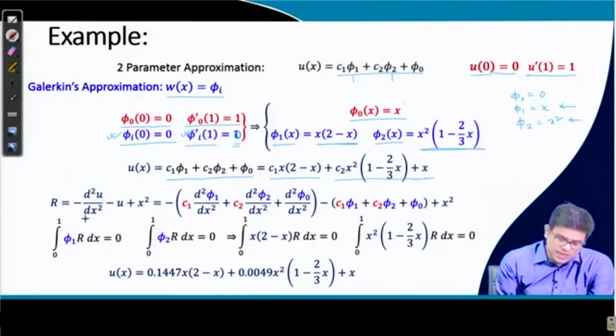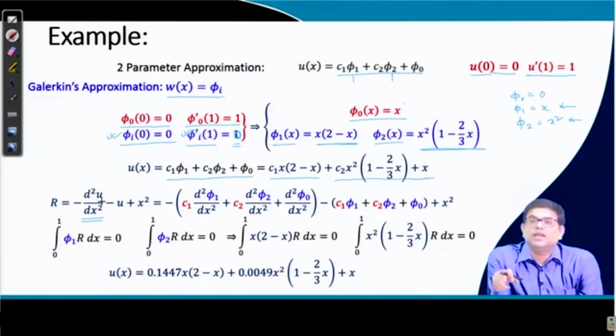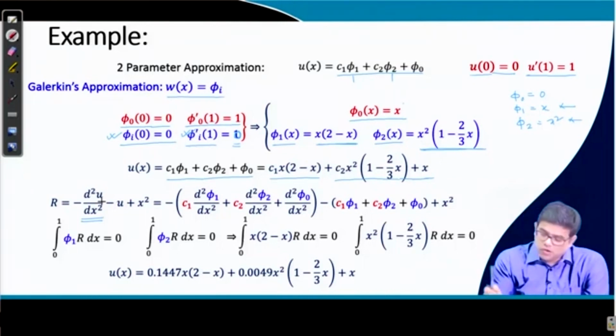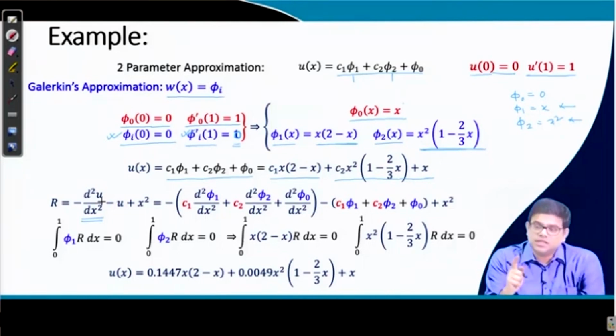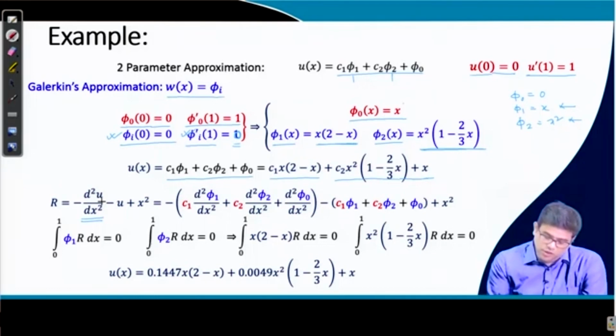So here the residual is the second order derivative. So naturally you see that the order of the polynomial phi has increased.